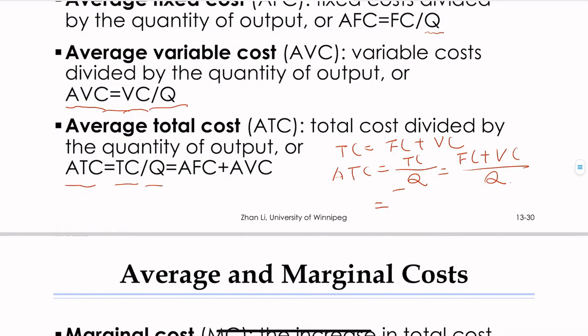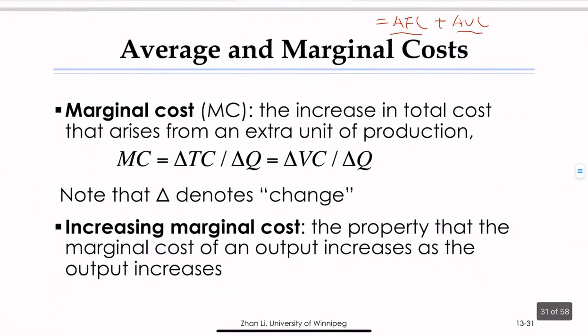And then this is just fixed cost divided by quantity plus variable cost divided by quantity. And then this gives you average fixed cost and average variable cost, right? So basically you can see that because total cost equals fixed cost plus variable cost, then we will have average total cost equals average fixed cost plus average variable cost.